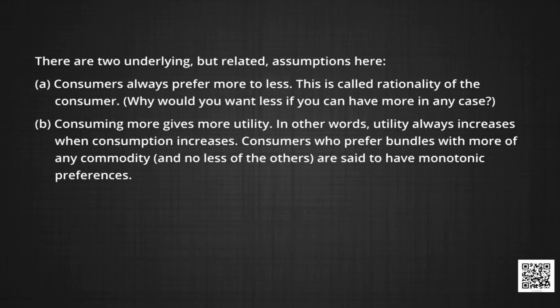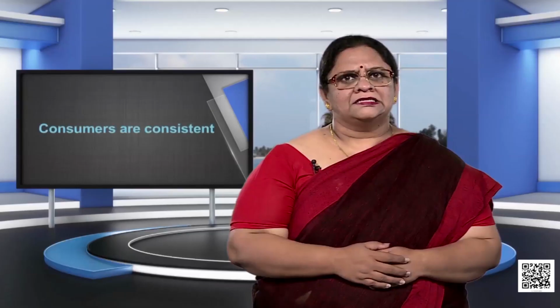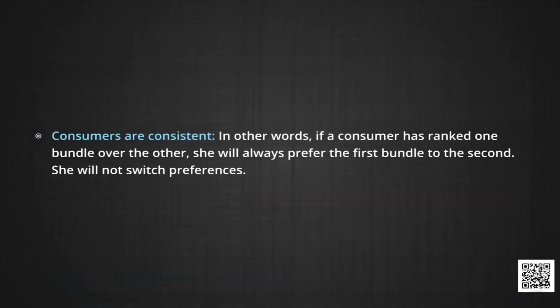In other words, utility always increases when consumption increases. Consumers who prefer bundles with more of any commodity and no less of the other are said to have monotonic preferences.